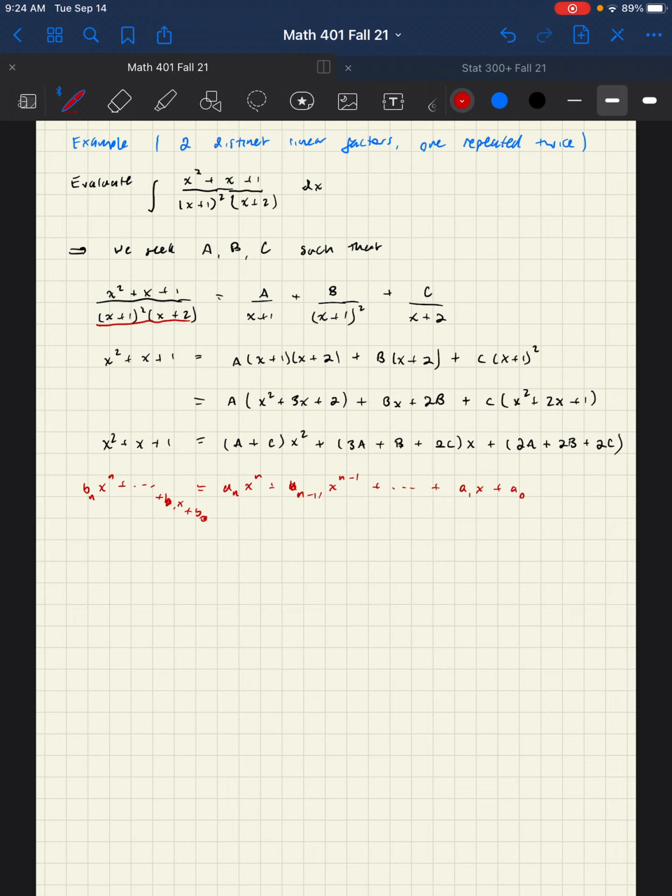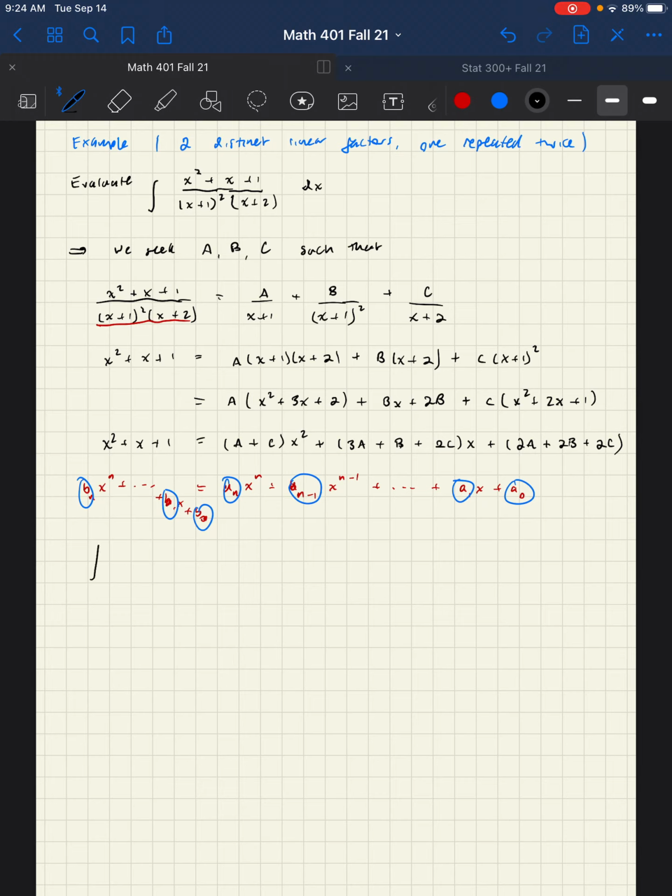If we have 2 different expressions for this polynomial in this way, the only way that this is possible is if b sub n is actually a sub n, b sub n minus 1 is actually a sub n minus 1, b sub 1 is actually a sub 1, and b sub naught is actually a sub naught. All of that is to say the coefficients must actually be equal to each other.